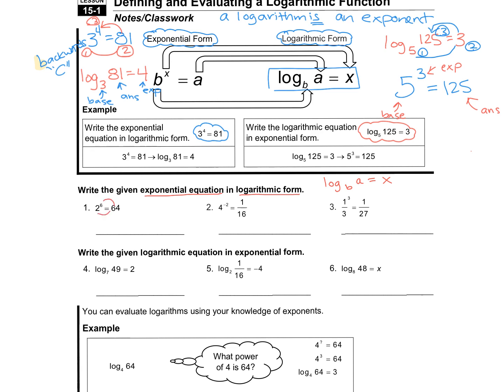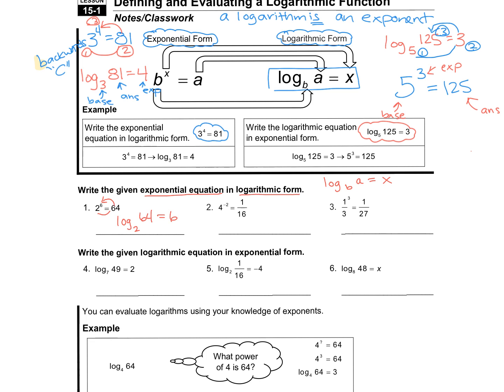Let's draw my backward C. The first thing I encounter is the 2, so I write my log base 2 of, the second number is my 64, equals, the third number I encounter is my exponent of 6. And remember, a logarithm is equal to the exponent. It makes sense that this logarithm is equal to the 6.